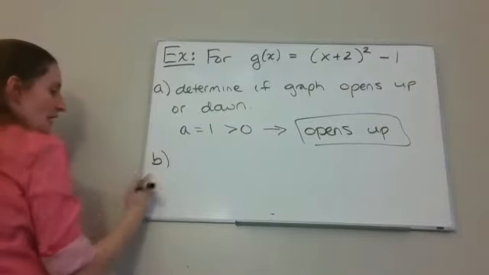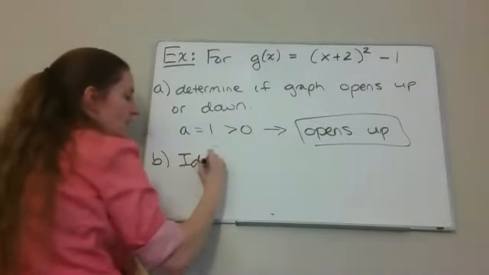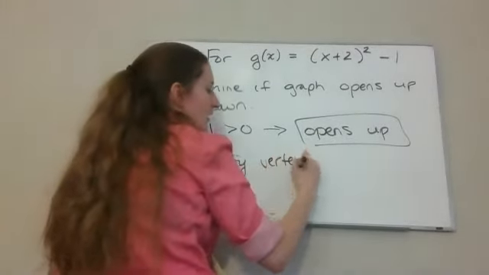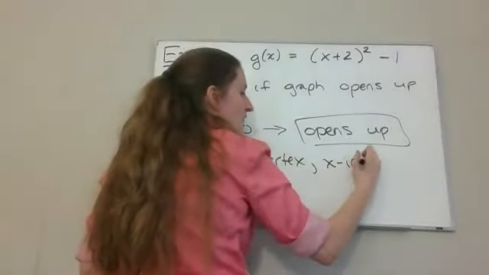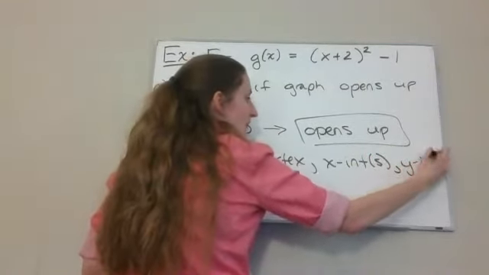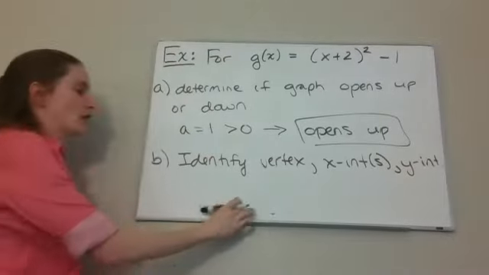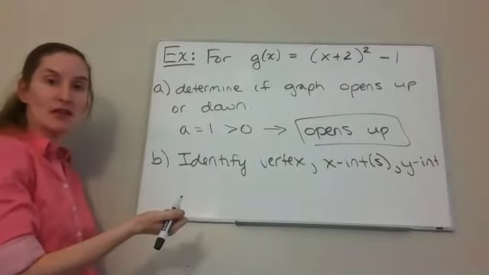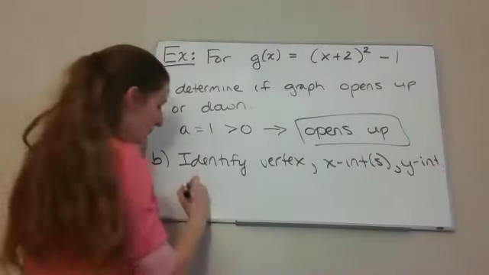Part b, identify the vertex, x-intercepts, and the y-intercept. Well, the vertex we should be able to get by just looking directly at this equation because it's in vertex form.